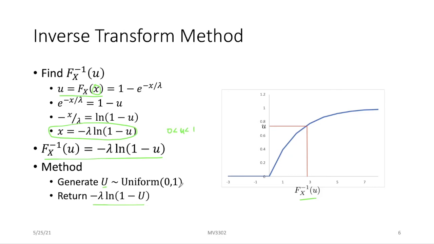Arnie, can you say, so when you're passing in u, what is u? U is a uniform 0, 1 random variable. So when I say generate U, I mean get a uniform random number that is a uniform 0, 1 random variable.